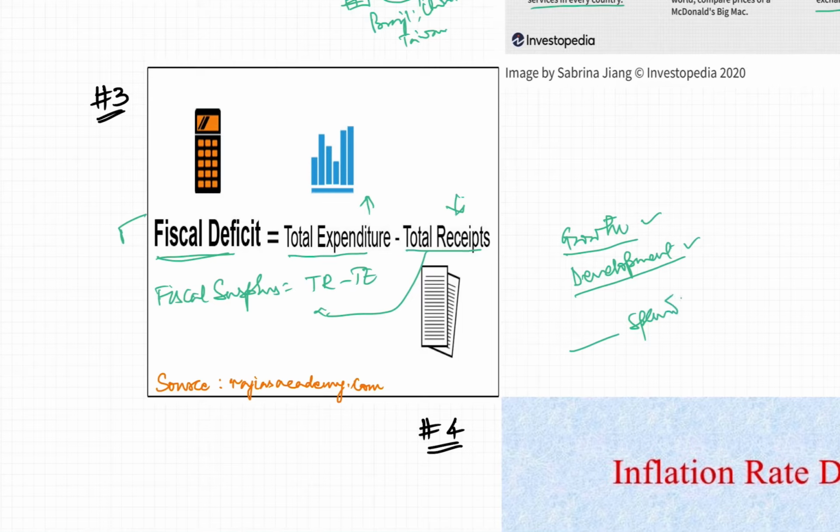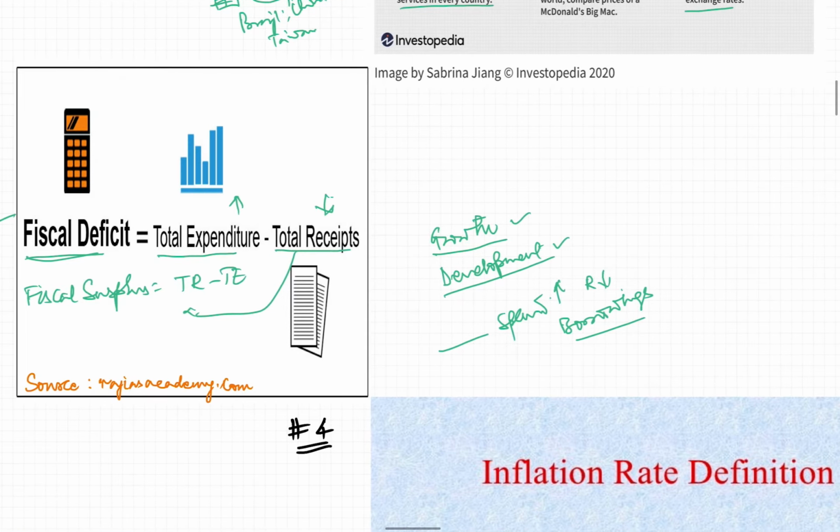And if you spend more, you can spend more than your receipts by borrowing. And borrowing can be done from the market or by issuing T-bills, that is treasury bills, or bonds. That is how everything comes into the picture.